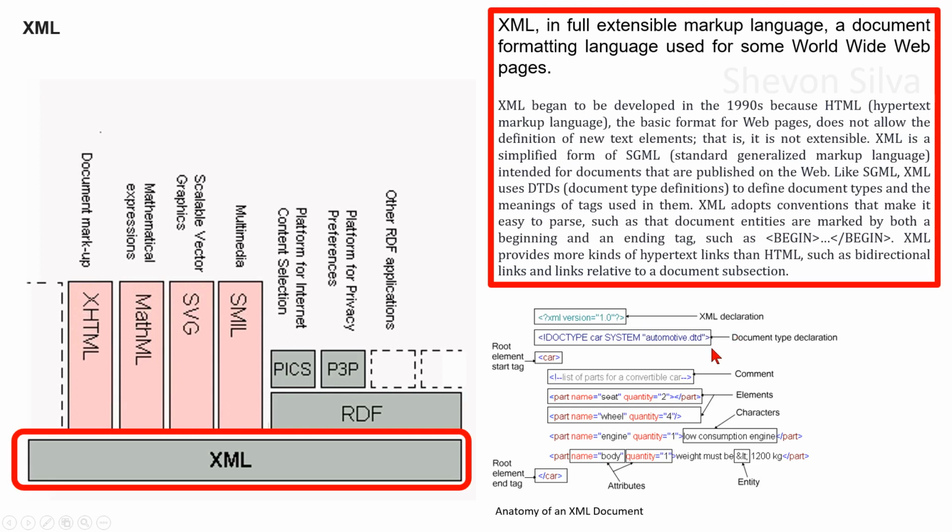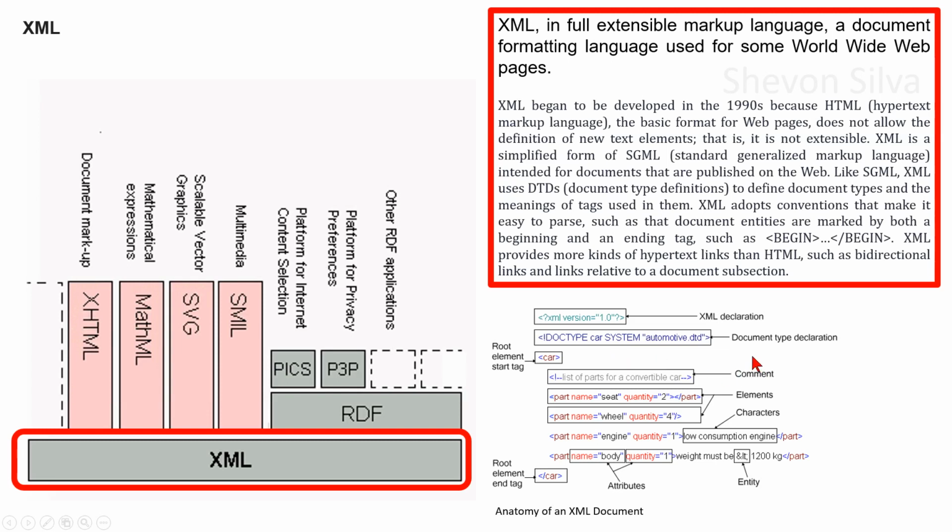Document type declaration. It identifies the DTD tag vocabulary used by the XML document and the tag name for the root element, car, here.